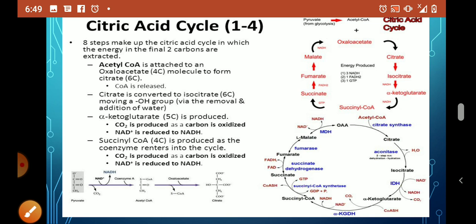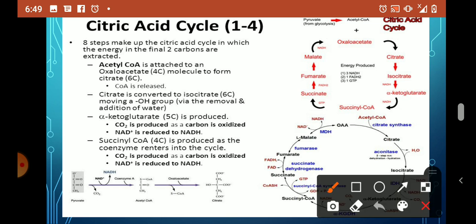Let's go to the second step, where citrate is converted to isocitrate. Before conversion into isocitrate, it is isomerized into cis-aconitate, an unstable isomer of citrate, by dehydration, so water is removed in this reaction.